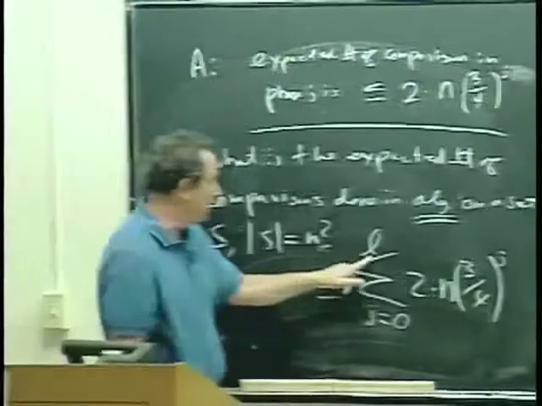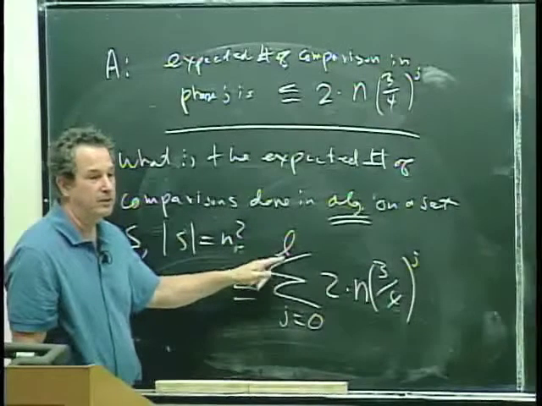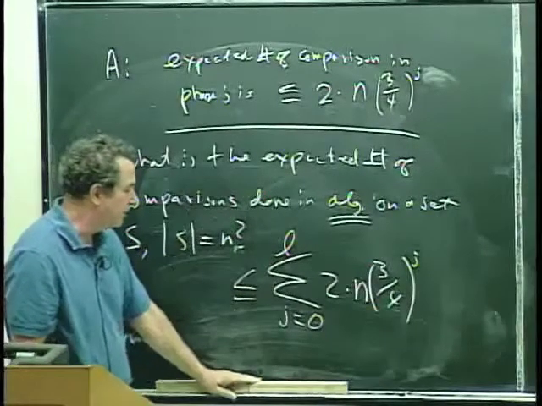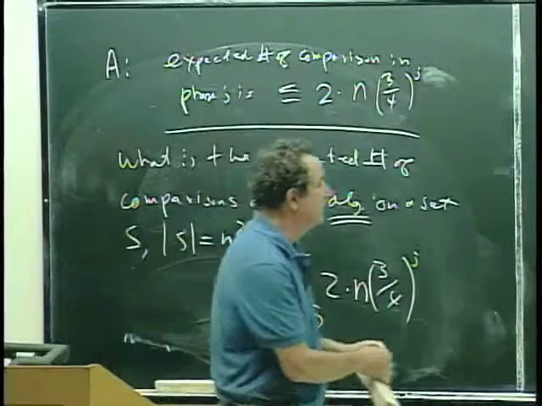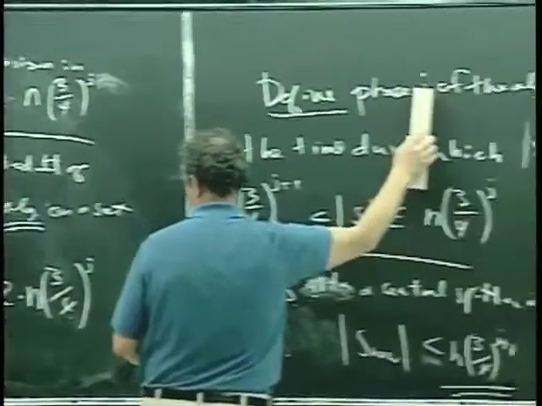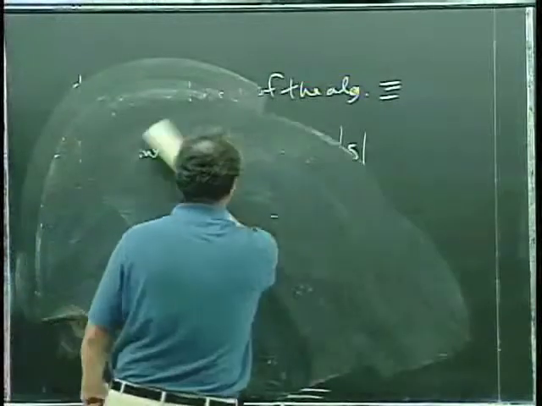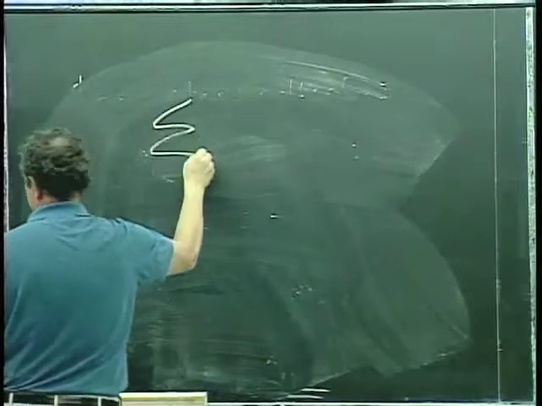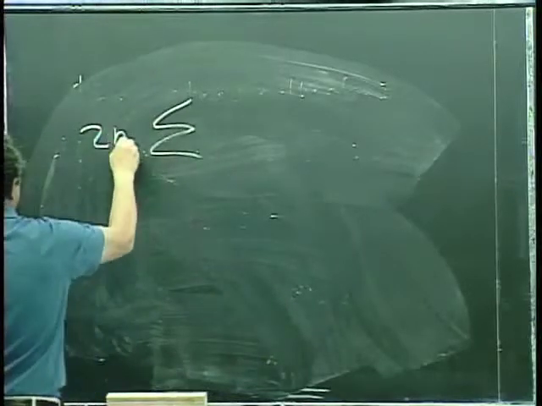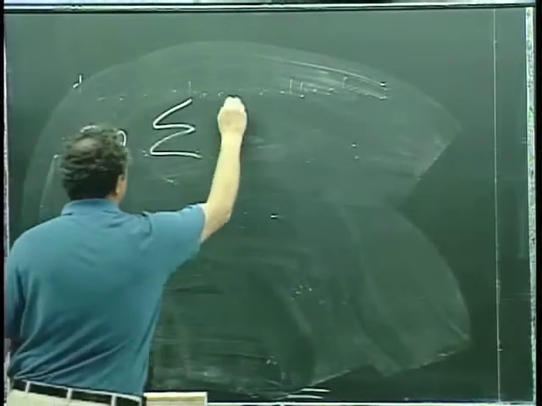All right, now L, we could figure out what's the biggest possible L, but I don't think we need to. I think we just need to remember some high school arithmetic. I'll take the 2n out here because that's constant.